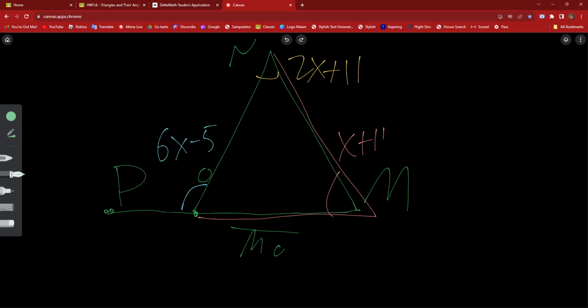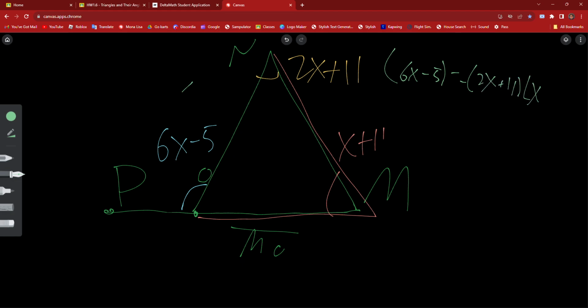So for right here, we're going to put 6x minus 5 because that's the exterior angle we're looking for. And if I were you, I'd use parentheses. Well, at least for the next part. And honestly, the order doesn't matter, just as long as you get it in there.